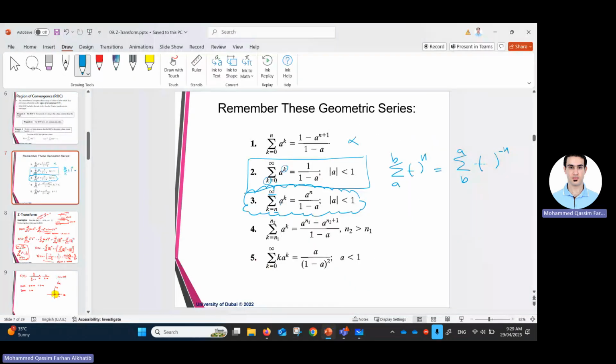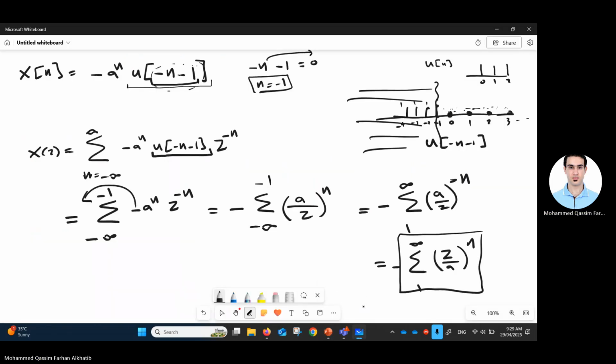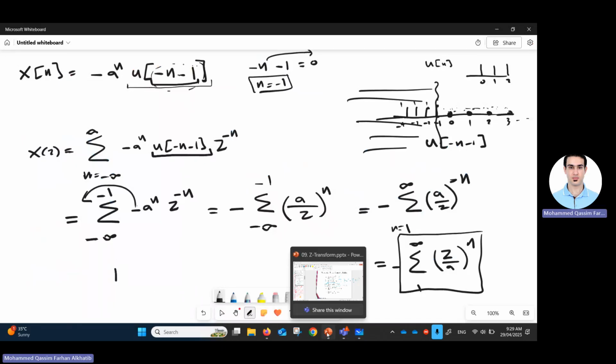So I have a to the power k equal a to the power n over 1 minus r. I have n here, so that's my n in this case, equal to 1. When you relate n equal to 1, let's go back to the table.